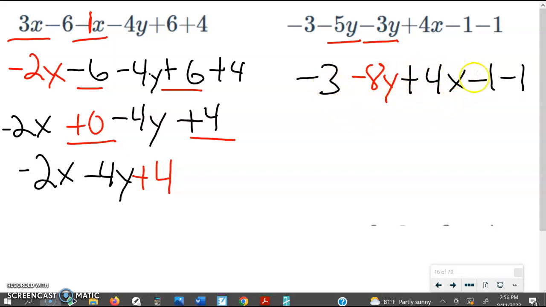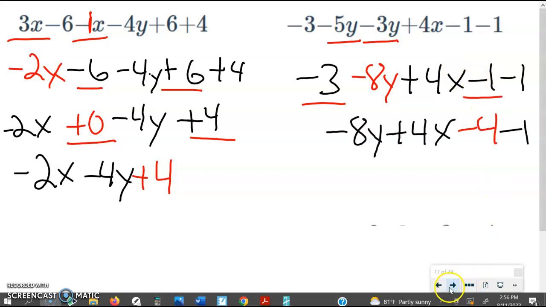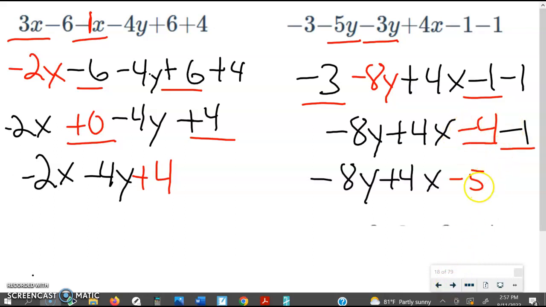Negative 3 and negative 1. Same sign, find the sum. I get negative 4. Every other term I just bring down. And now negative 4 and negative 1 will get you a negative 5. And there's no more terms to simplify.